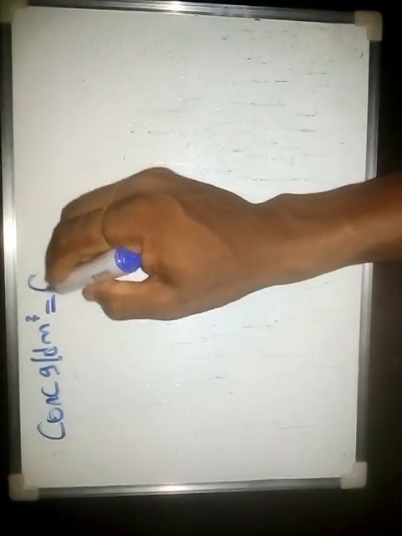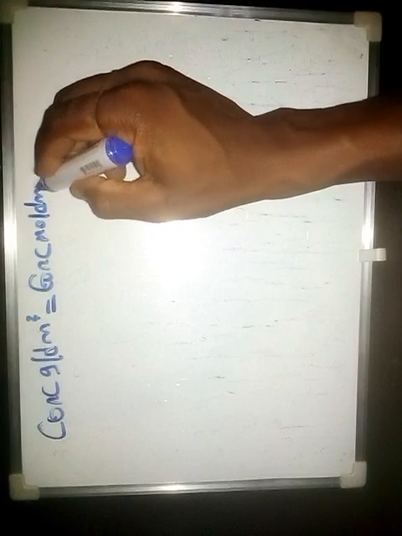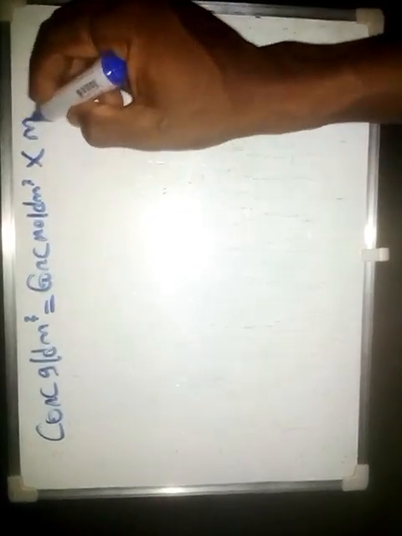The next part, we have to calculate the concentration of FeSO4 in E in gram per dm cube. We know that concentration in gram per dm cube equals concentration in mole per dm cube times molar mass.